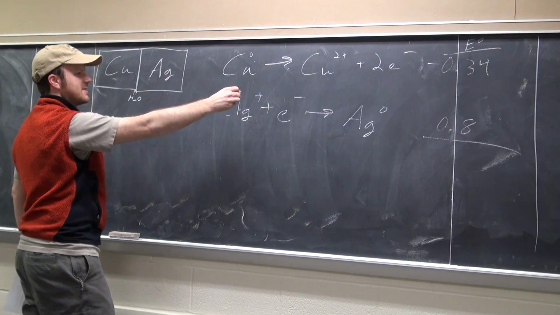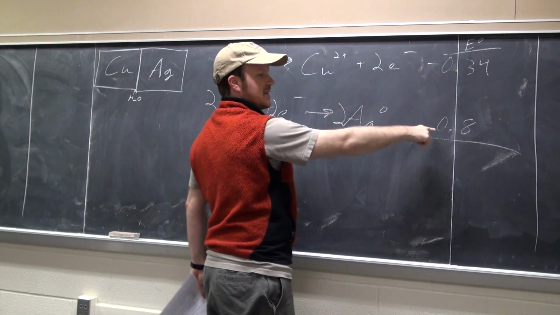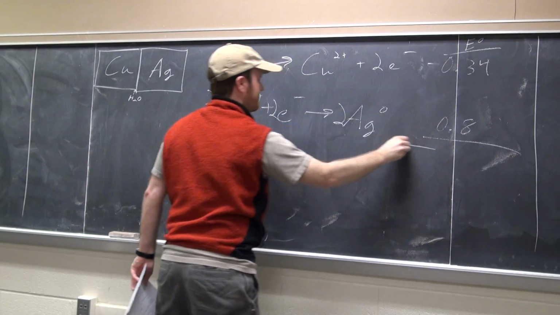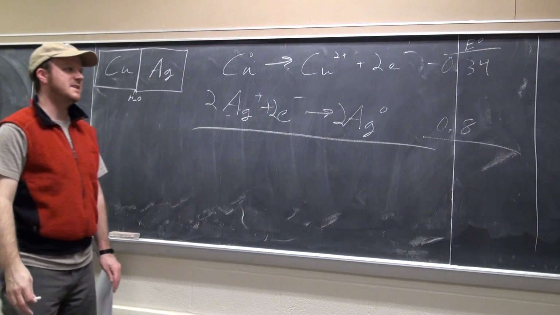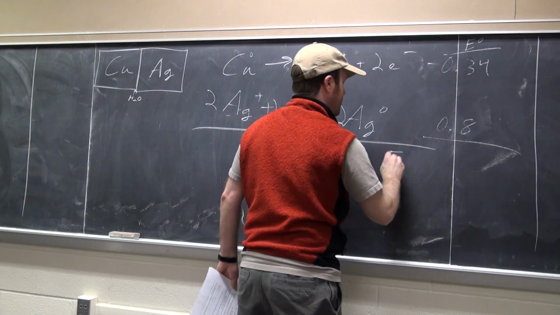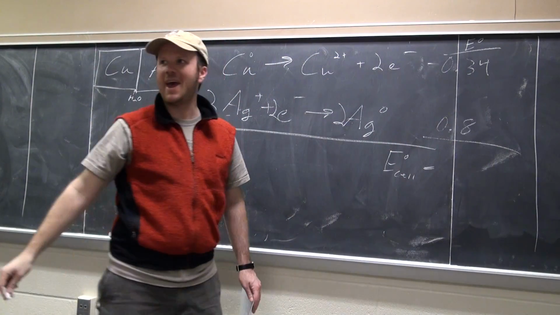You could balance this reaction. What do I do to this? Nothing. So I can write my full reaction if I want. And the easy way to figure out what E0 cell is, you just add these up, right?